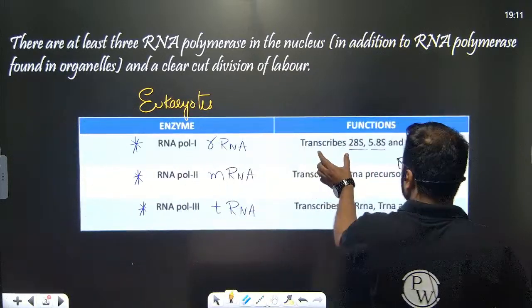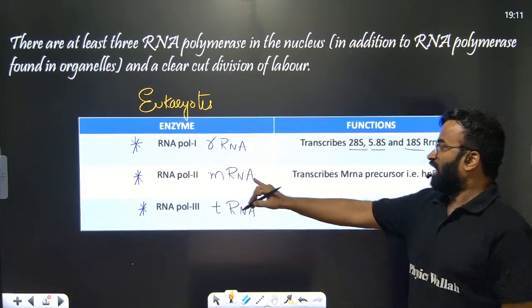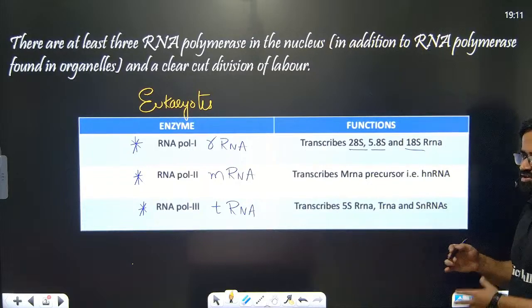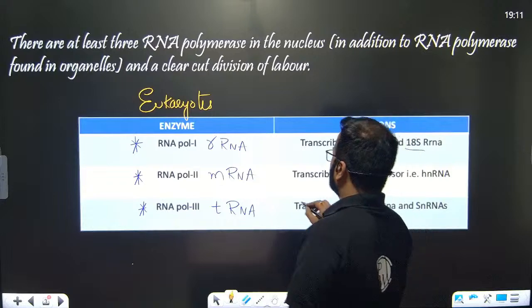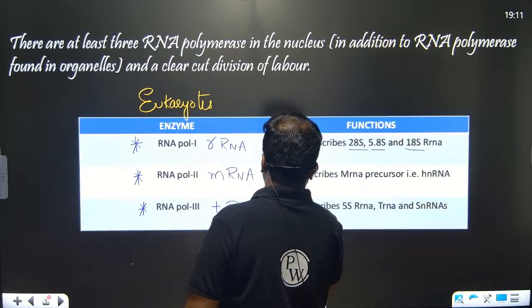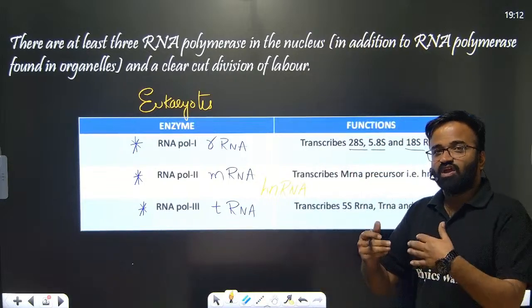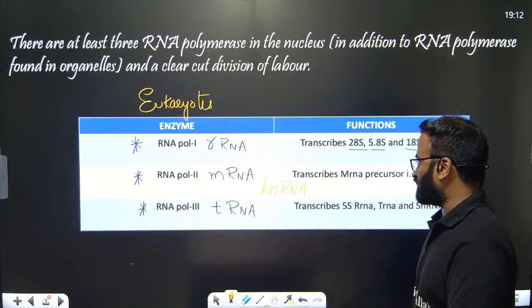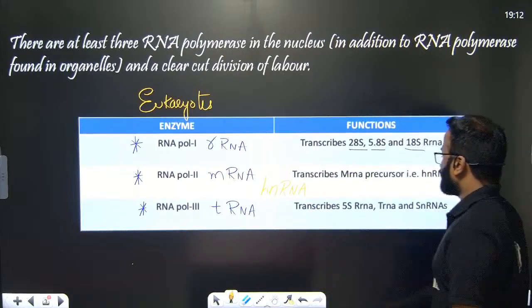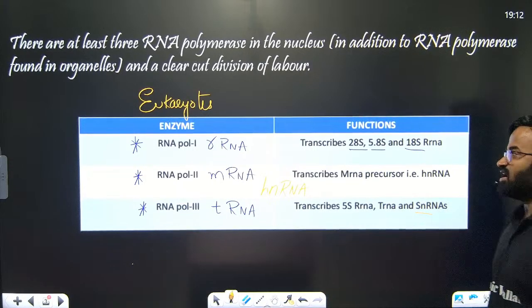Pol 1 specifically transcribes the 28S, 5.8S and 18S rRNA. Pol 2 transcribes the precursor form of the mRNA called hnRNA, heterogeneous nuclear RNA, which after post transcriptional changes becomes mRNA. And pol 3 transcribes our 5S rRNA, the tRNAs and the small nuclear RNAs.